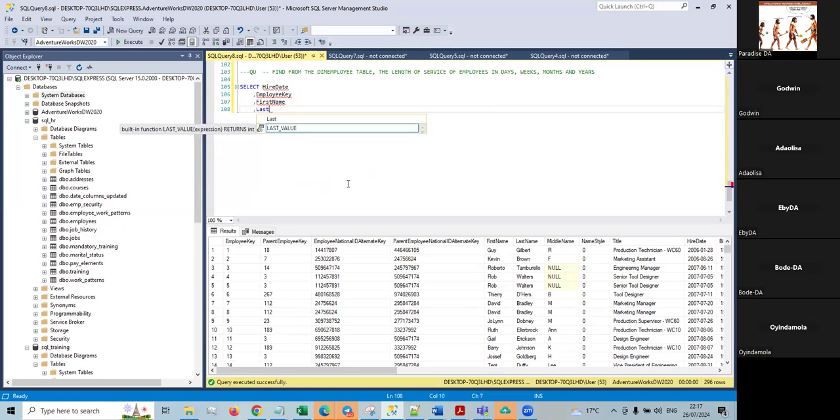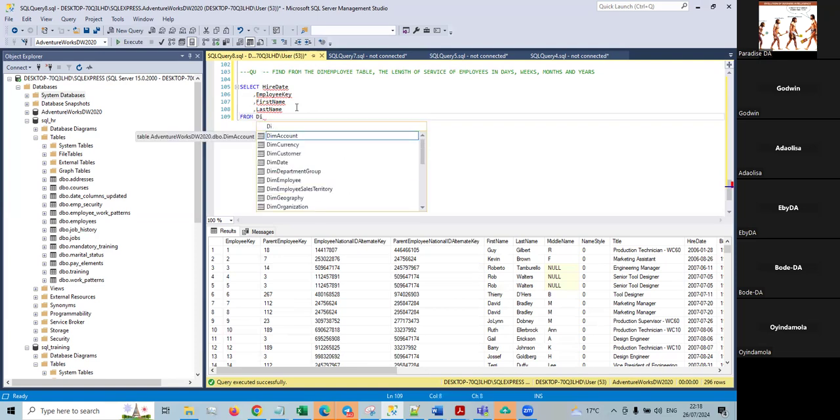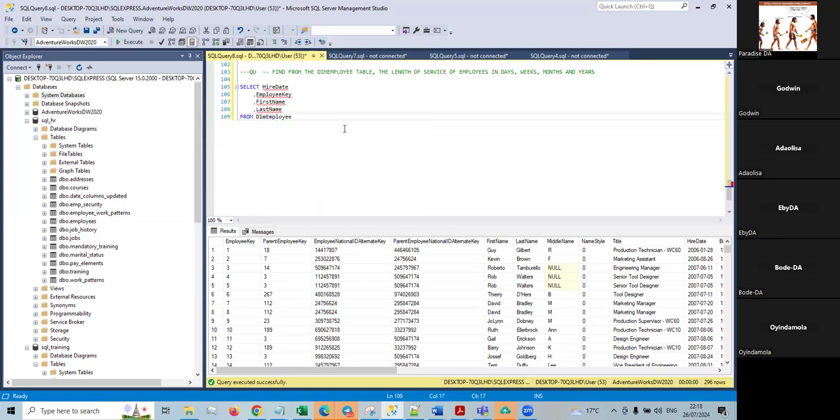Right? And we need these from where? Attributes from the dim employee table.